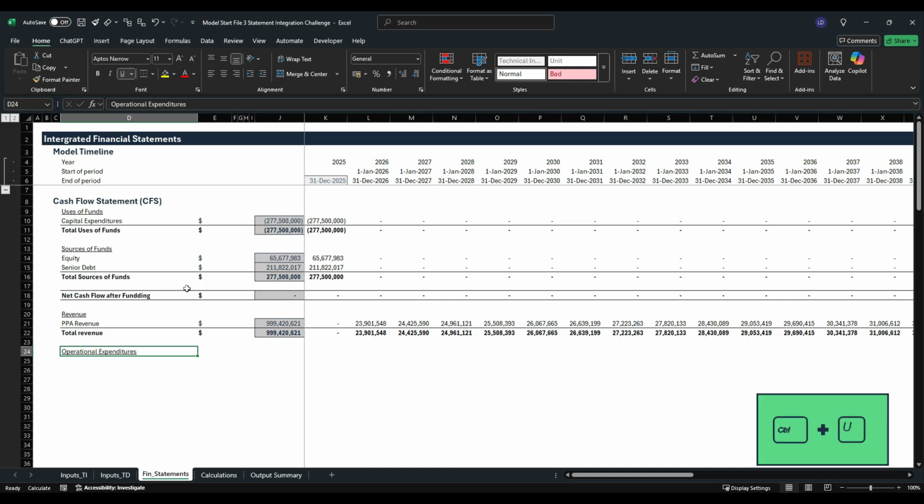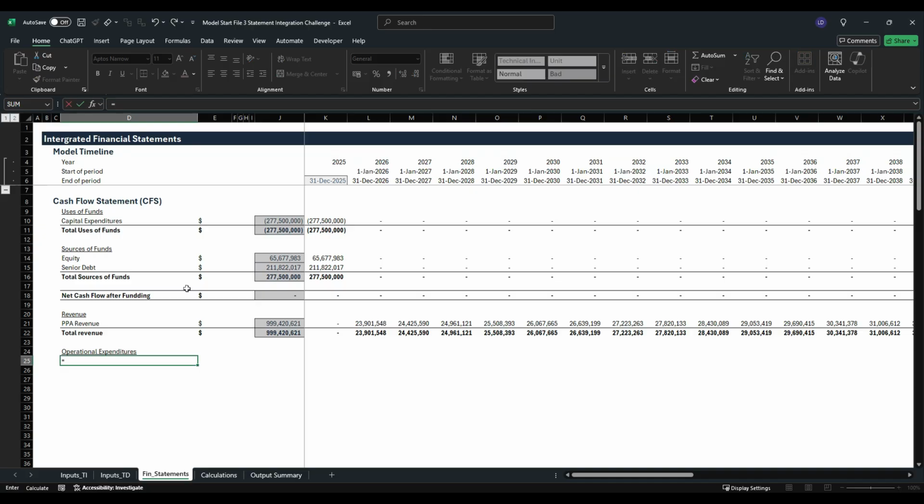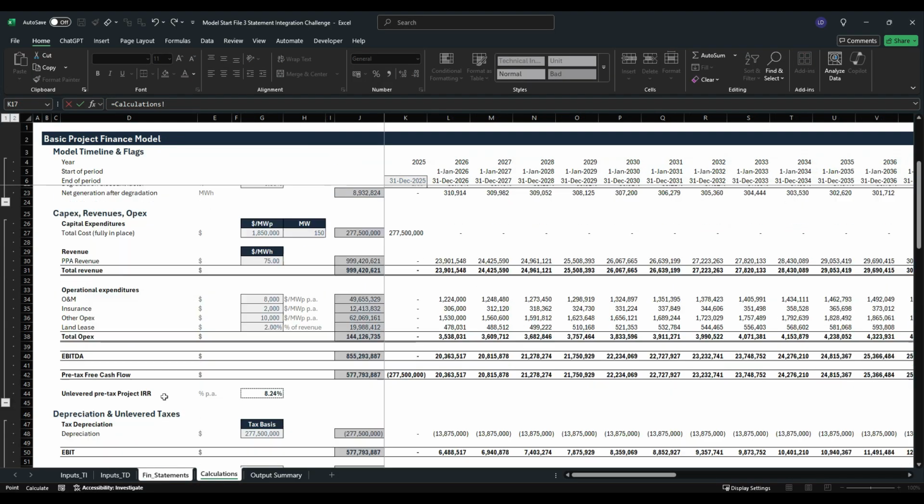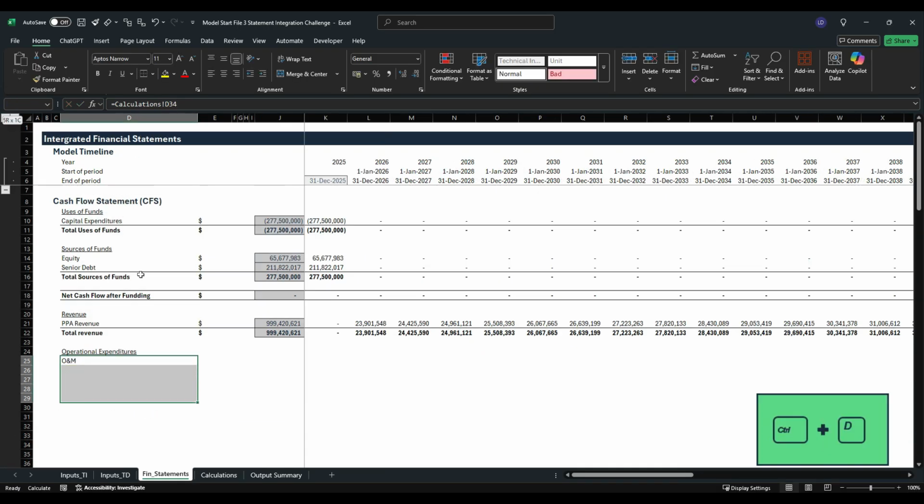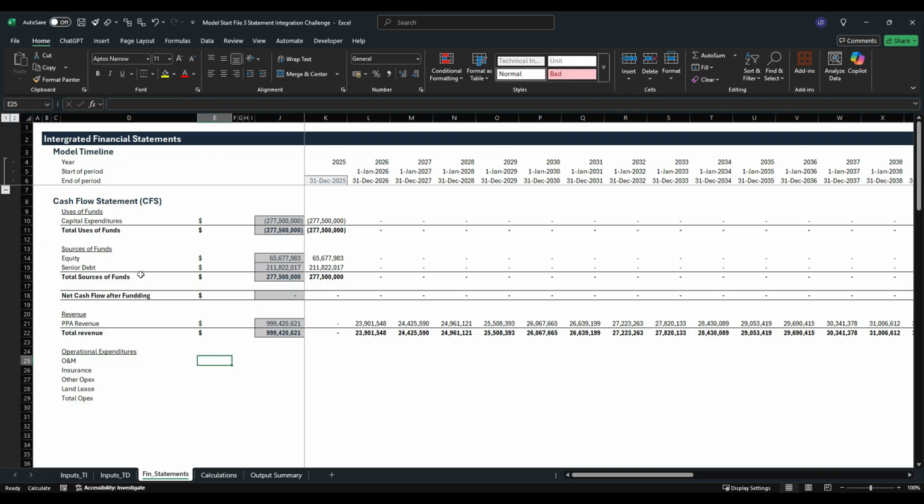Underline this. And our OPEX sit right underneath our revenues in our calculation sheet, so let's link to this label here. Drag it down for 5 rows. All of this will be given in dollars again.